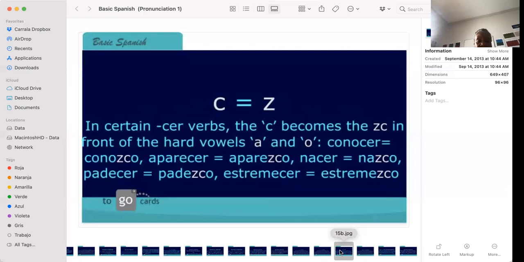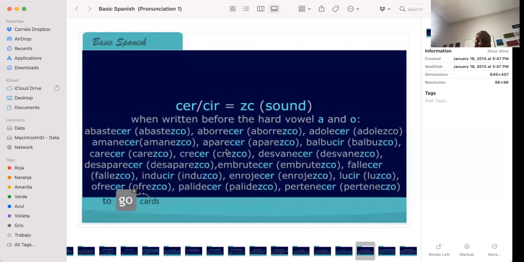The C becomes a Z, C, ZCA. But we're only talking about CER verbs. Also, so let me just show you, we're also talking about CIR verbs.